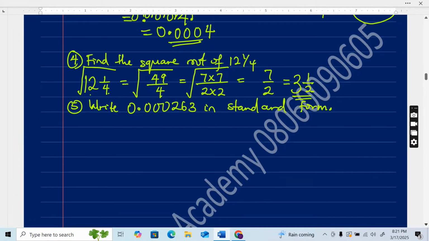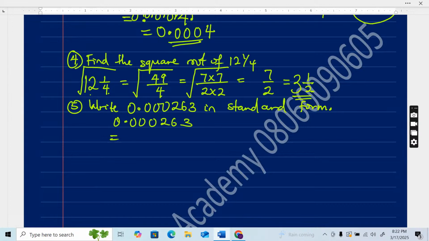All right. Now, moving on to number 5, please pay attention to number 5. Everybody should stop typing. Let us write 0.000263 in standard form. When you're being asked to write in standard form, in essence, you're to write such that the number becomes a number that is between 1 and 9, less than 10.